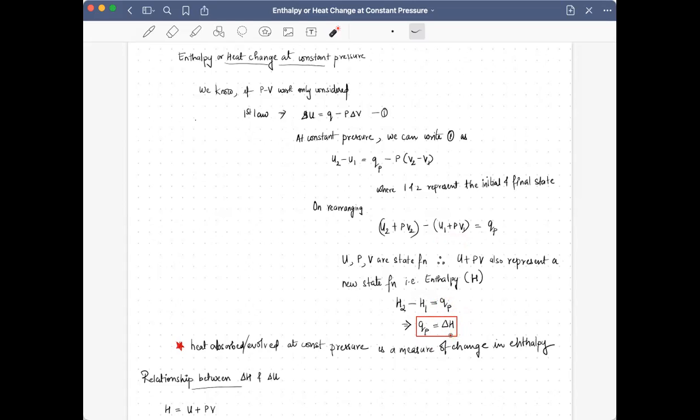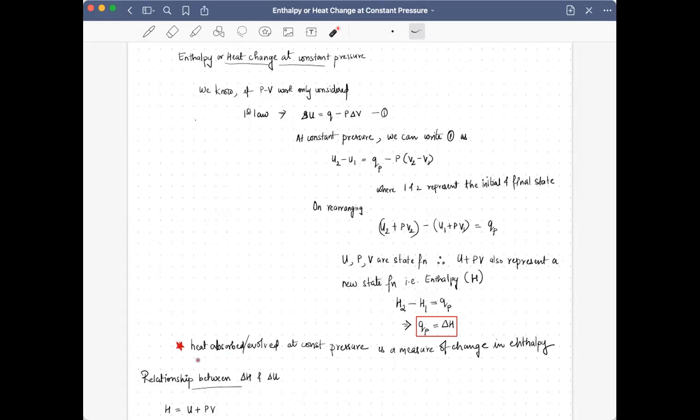Again, I'm going to recap what we did in the previous video: the heat change at constant volume was equal to the change in internal energy. But here, when the heat change is happening at a constant pressure, it is equivalent to a change in enthalpy.